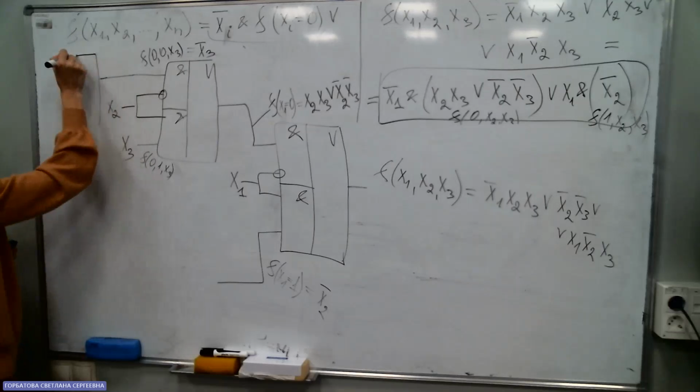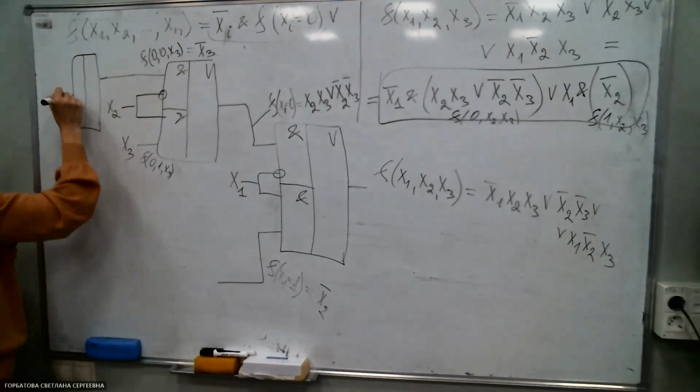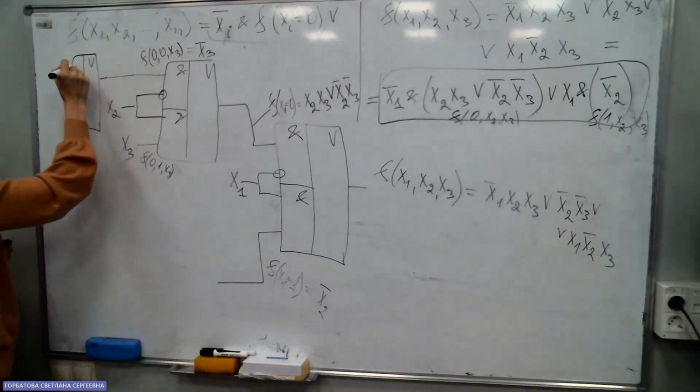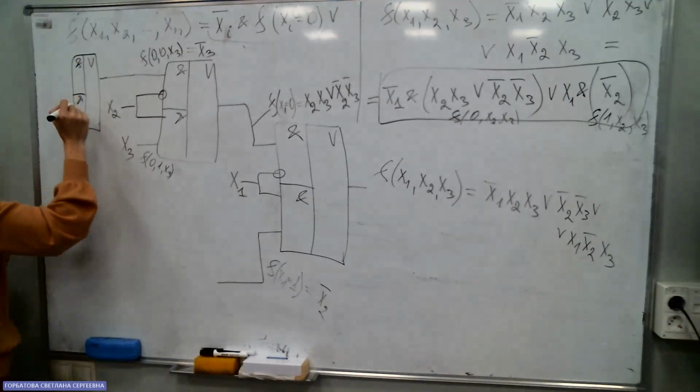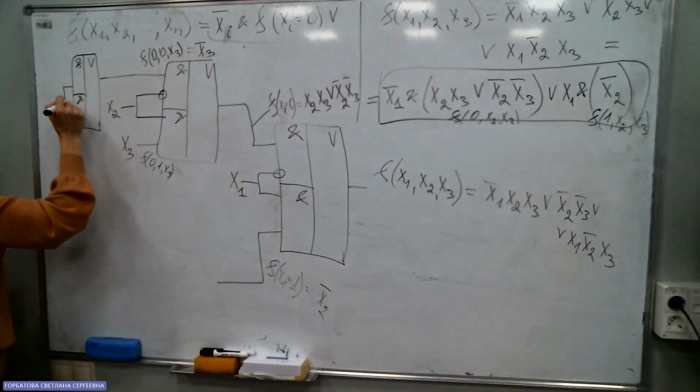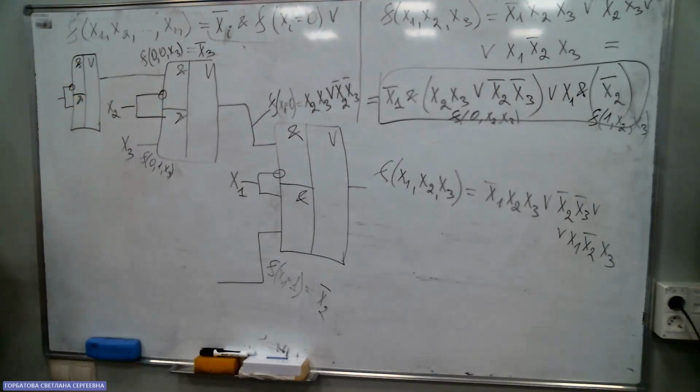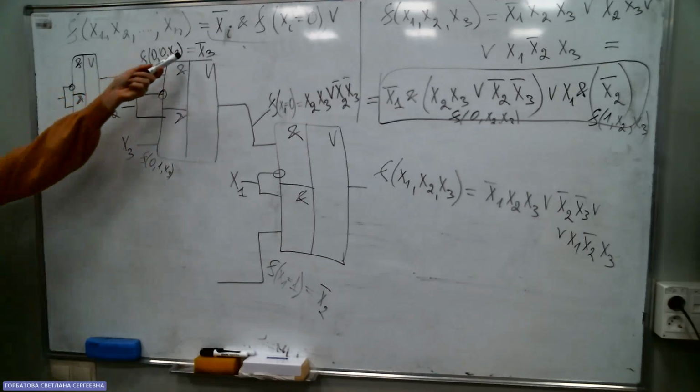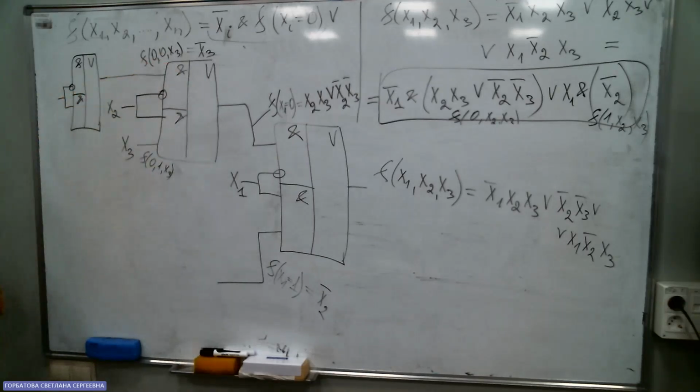It will be a Shannon block, the same disjunction, conjunction, and we need to eliminate just x3, without options.